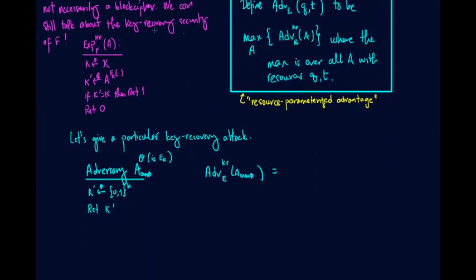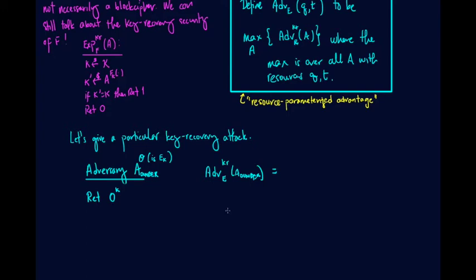Ready? Let's make an A dumber. Here's A dumber. A dumber does this. Return 0 to the k. That's it.